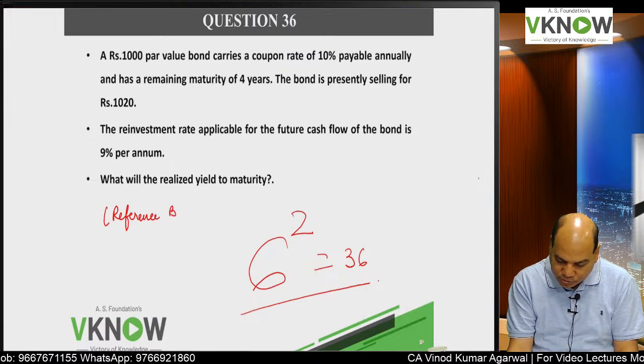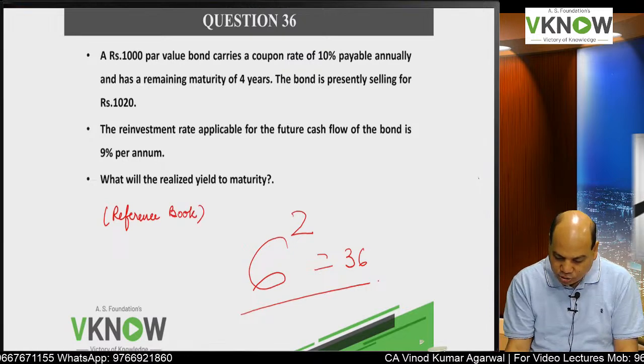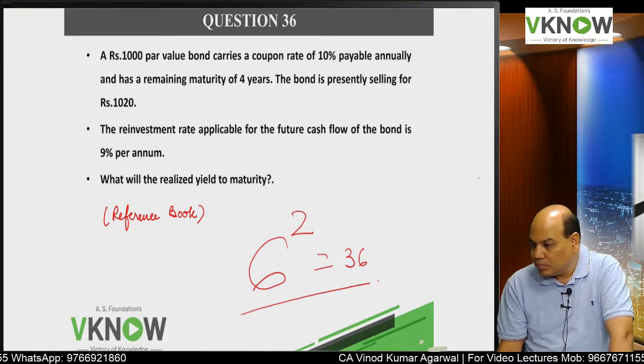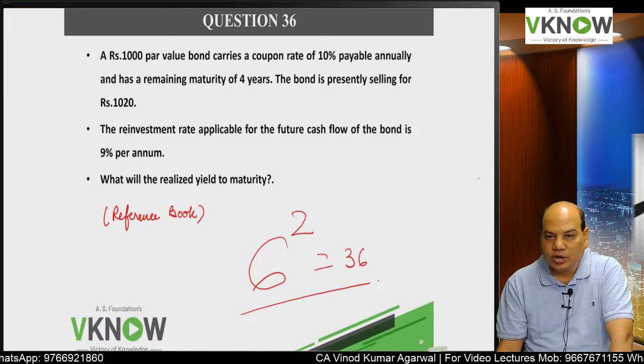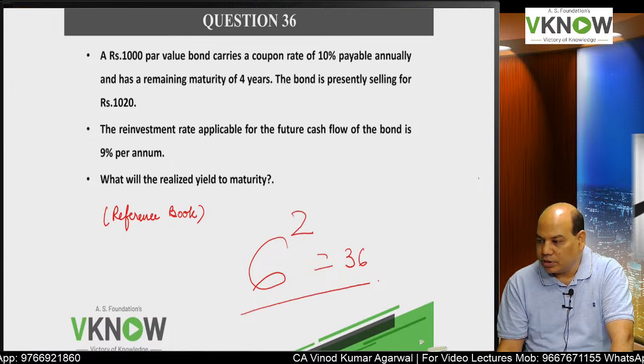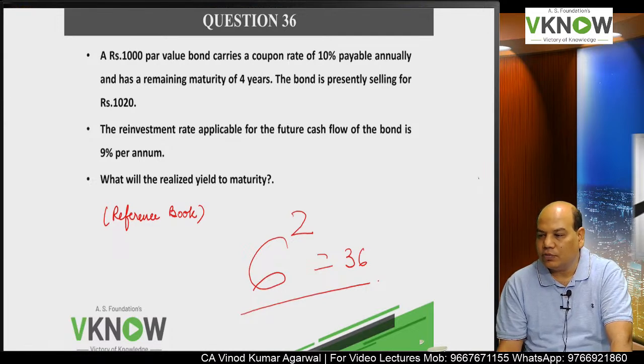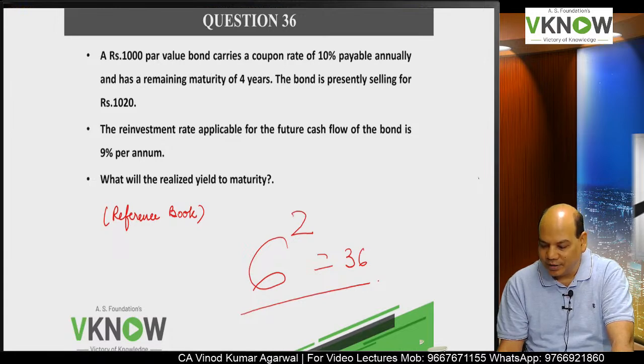Source is reference book. To make the concept clear, a rupees 1000 par value bond carries a coupon rate of 10% payable annually and has a remaining maturity of 4 years. The bond is presently selling for rupees 1020.